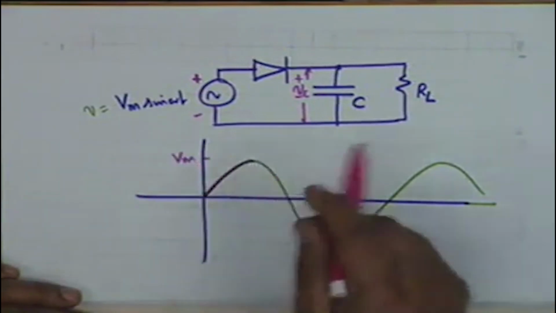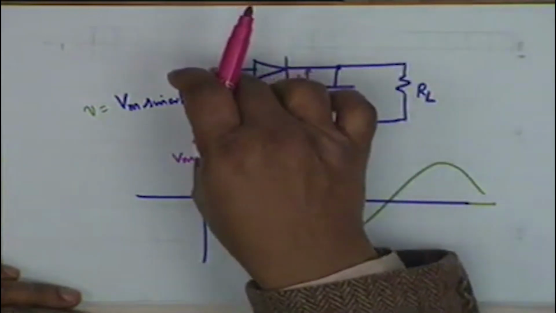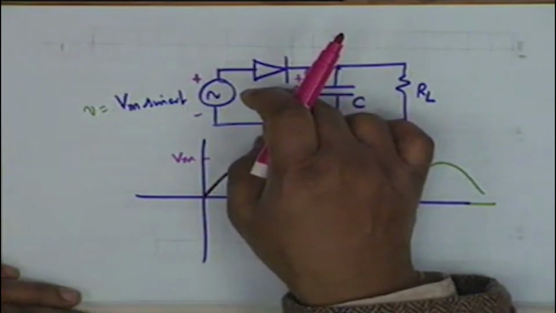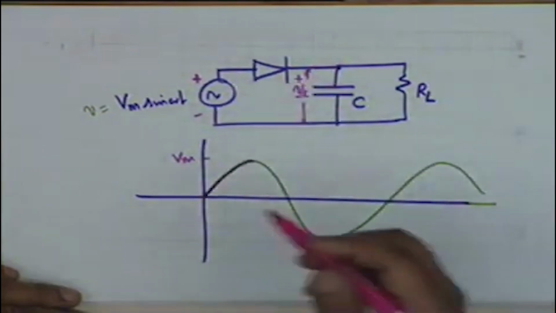This voltage diminishes below Vm, and therefore the diode ceases to conduct. Is that clear? No. All right.